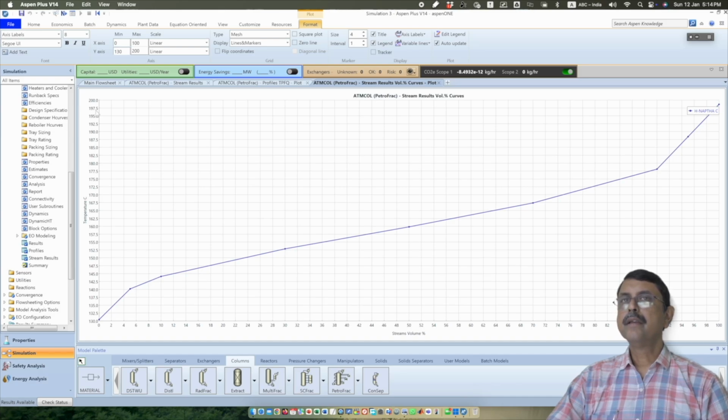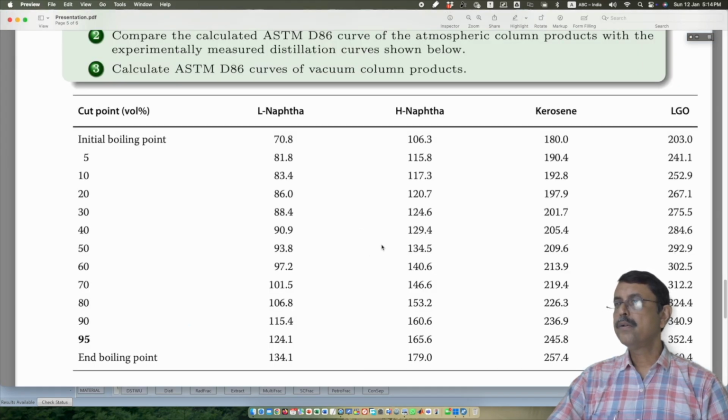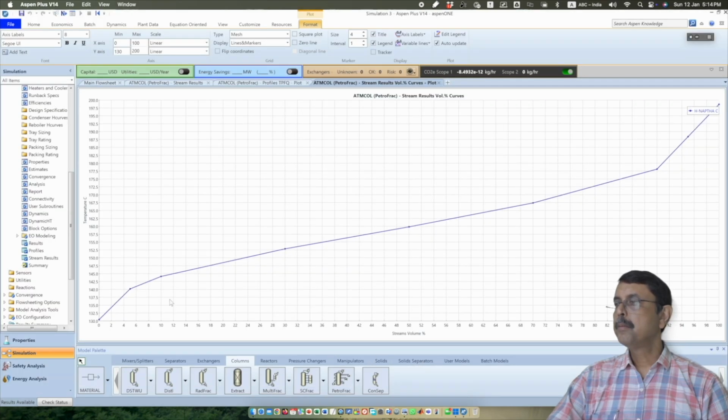Right. So you can see how the temperature is increasing. The temperature is from 130 to say 197. Okay, so this is the range. Now here H naphtha, it is from 106 to 179. But here we have 130 to 197.